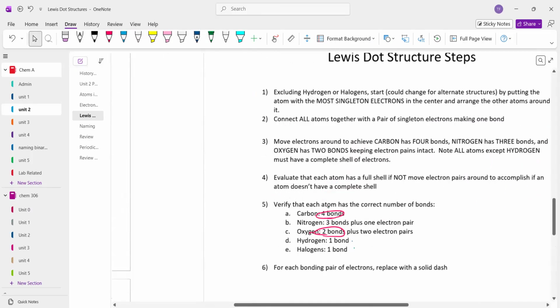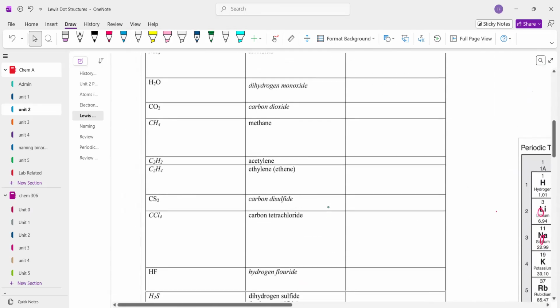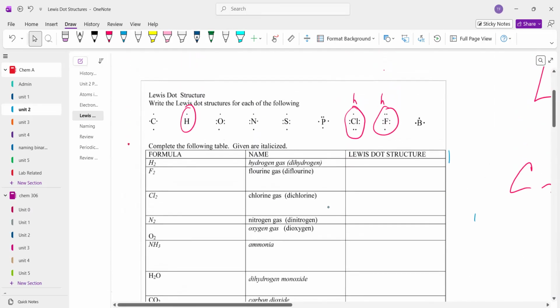Okay, everyone write these down. Now, this worksheet is also on Canvas Files Unit 2. It's also a file.